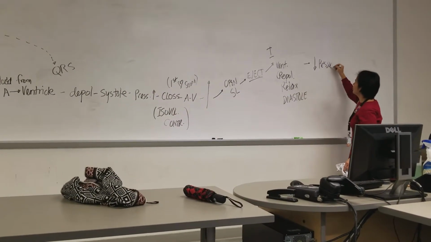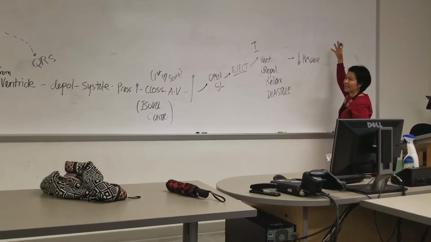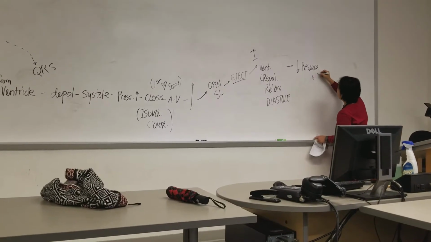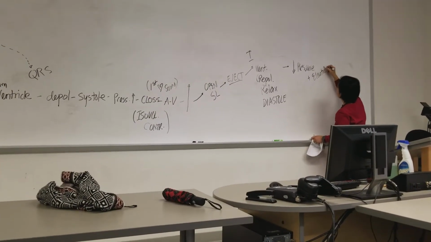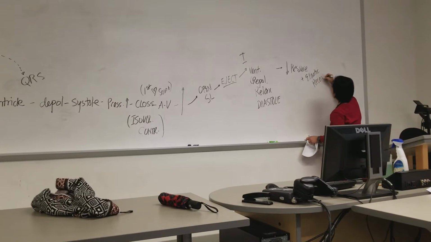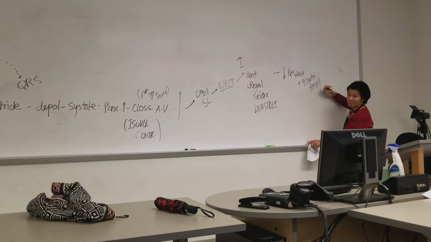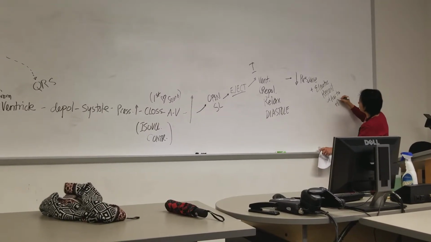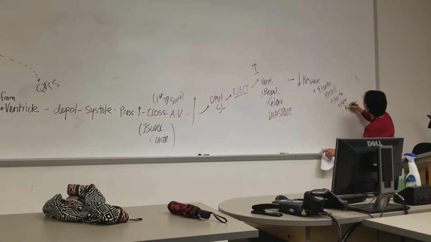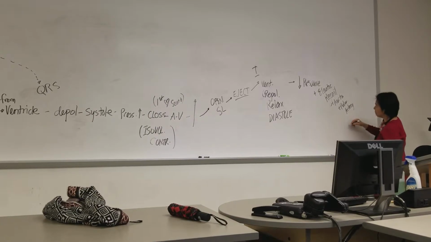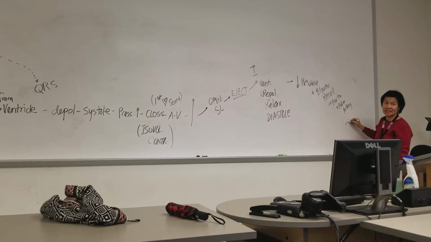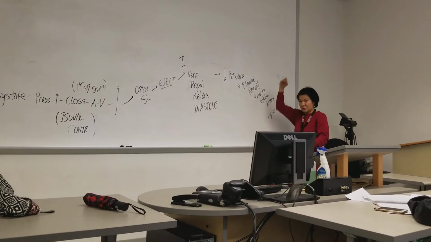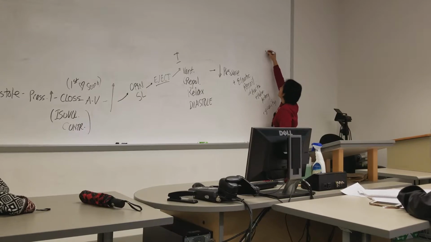So when the pressure goes down, plus the elastic recoil of your arteries, you remember, of the aorta and pulmonary artery, plus you add to that gravity, right? So then that means the blood will fall back down because the heart is like this, right?